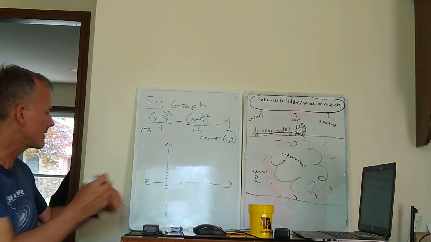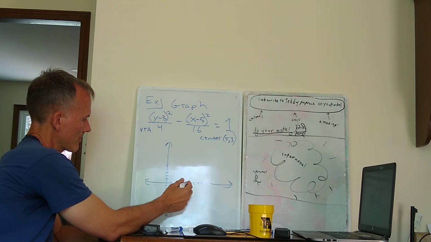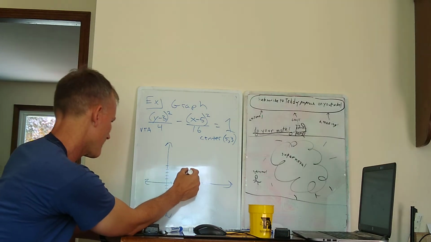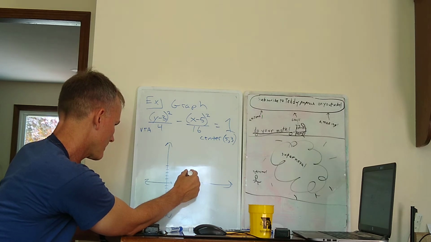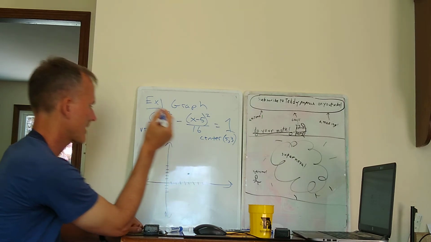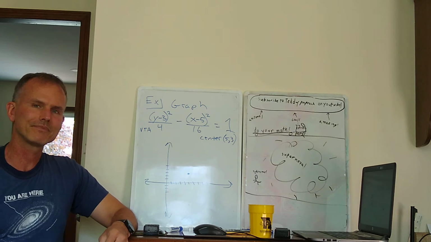So 5, 3: uno, dos, tres, cuatro, cinco, uno, dos, tres. Looks as though the center of my hyperbola is going to go about right there.